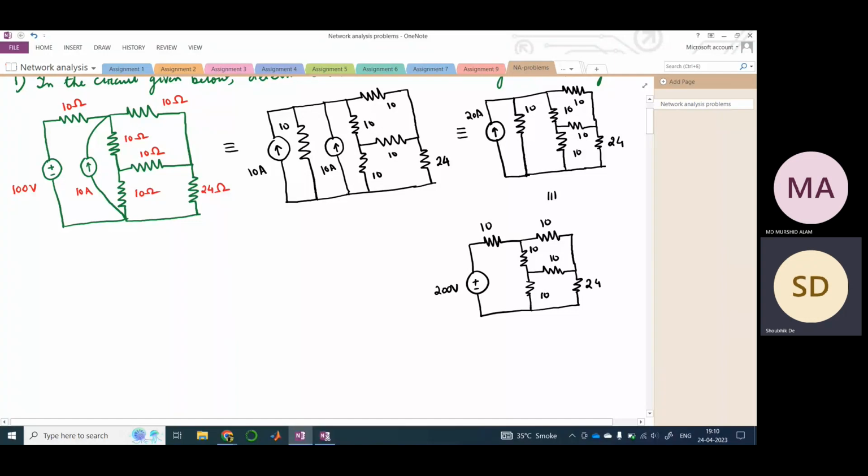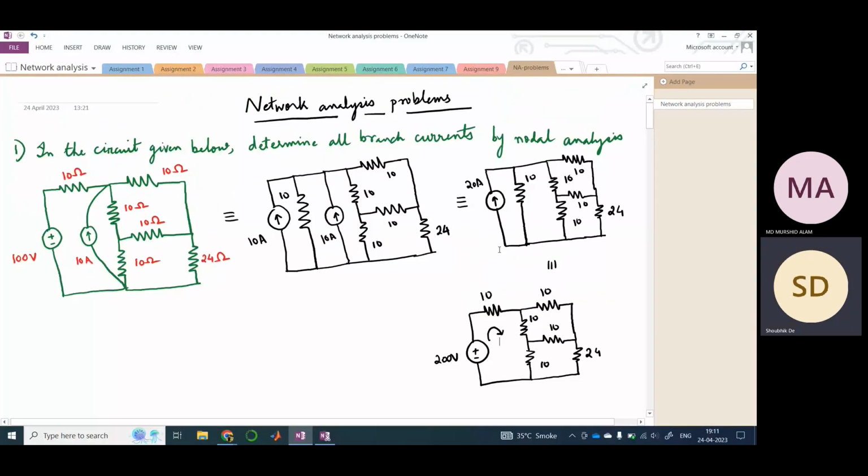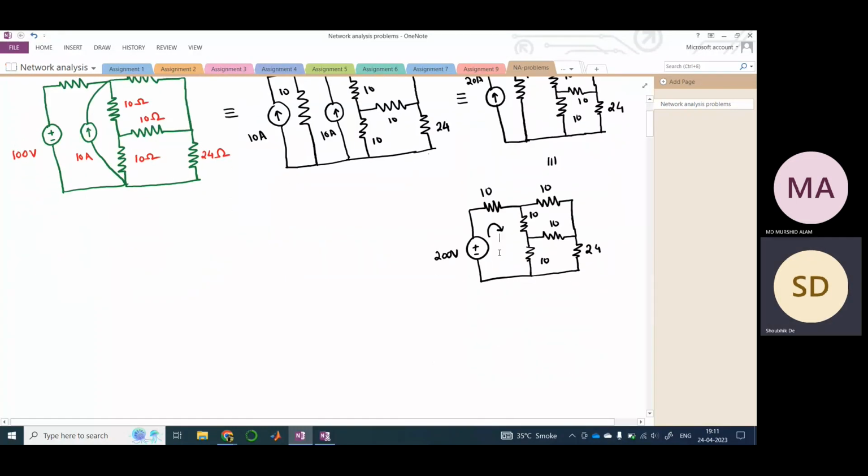For finding that, we need to apply KVL. Here, this would be I1, this would be I2. Let me just use a different ink here.